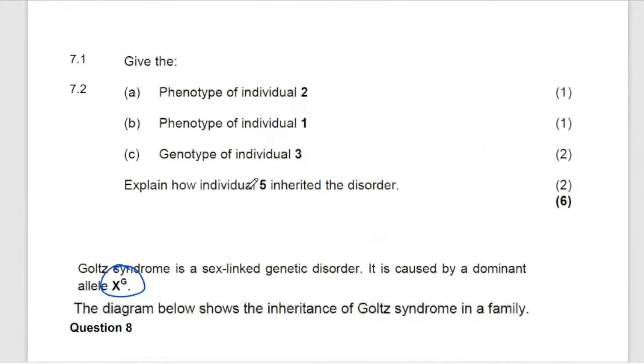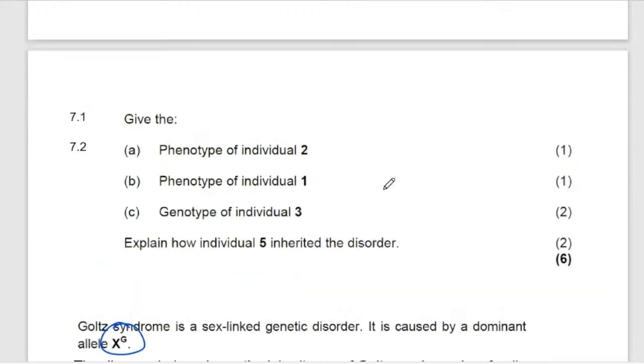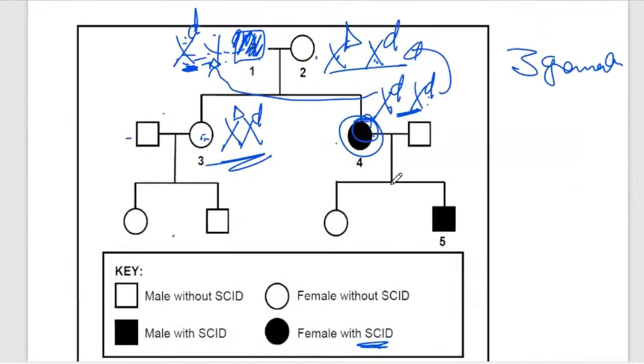They say explain how individual 5 inherited the disorder. Individual 5 is small d. Therefore, we're going to say that individual 5 got one recessive allele from the mother and one from the father. No, individual 5 is a male, so it can't be from the father. Father is normal.